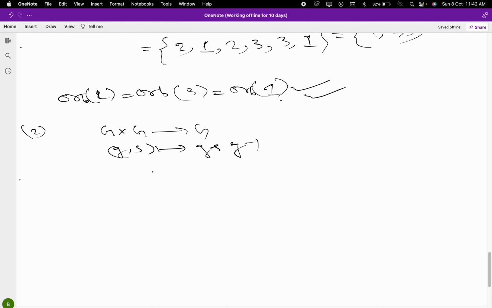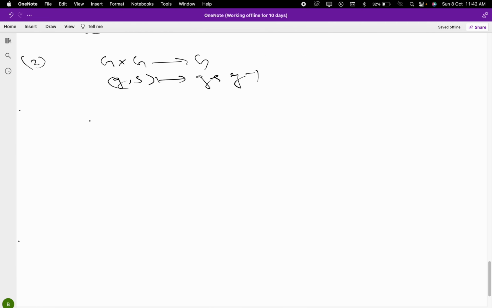So what is the orbit of e, the identity element? The orbit of e is actually G dot e, where g is inside G, and the identity will give us the entire G, right? It is very clear, because this is already g inside G, and the identity will give us only the element g. So there is nothing to show.